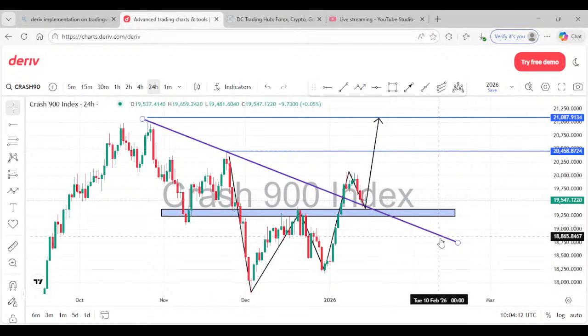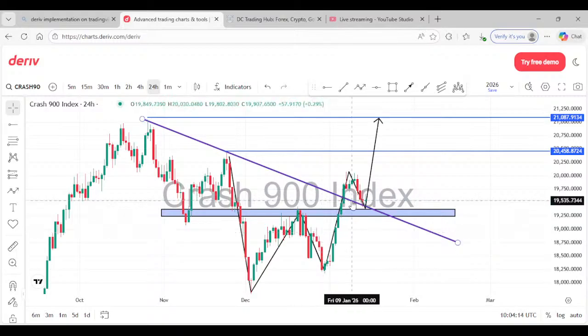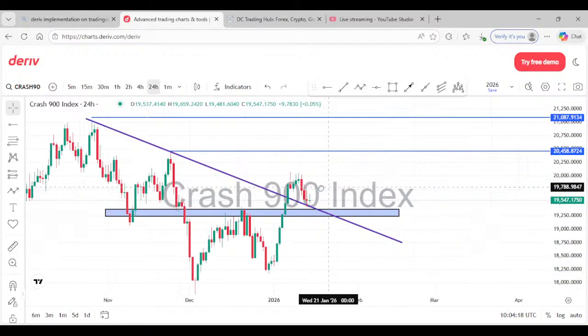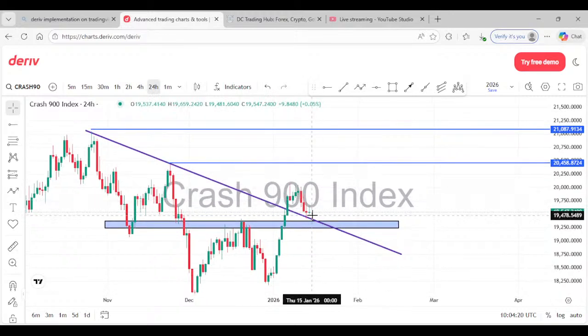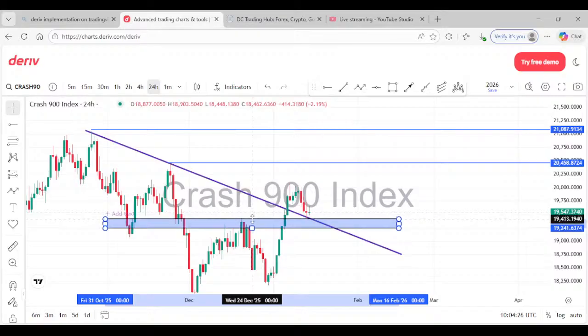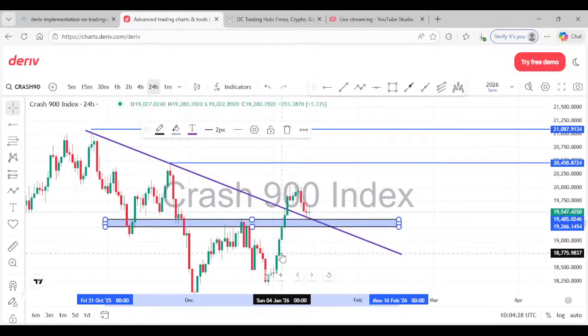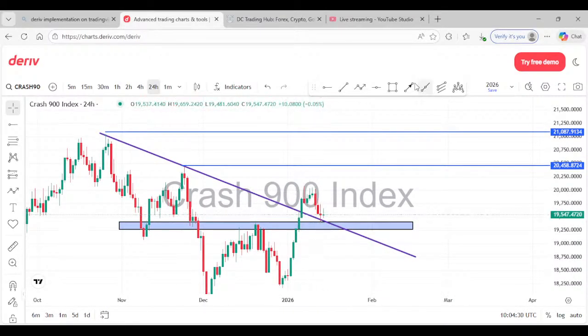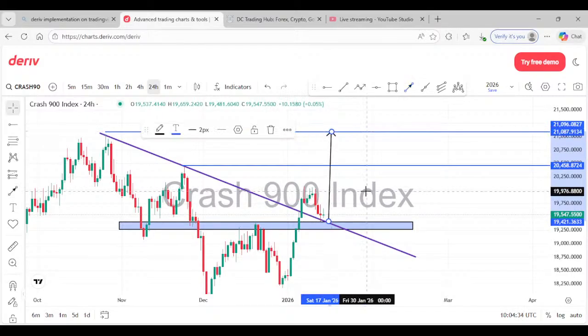So our first target will be 20,458. Then it's also retesting the trend line, and it's also retracing our key zone, which is this particular level here. So this gives us double confirmation in this area that price is likely going to push and reach these particular levels here.